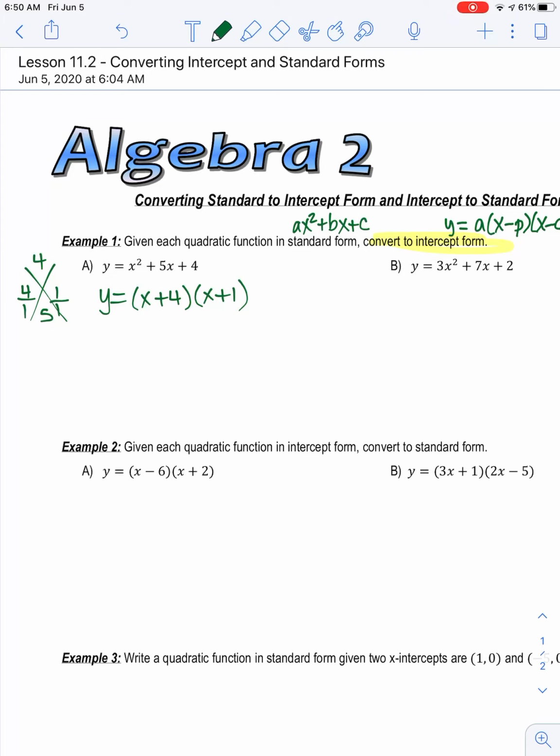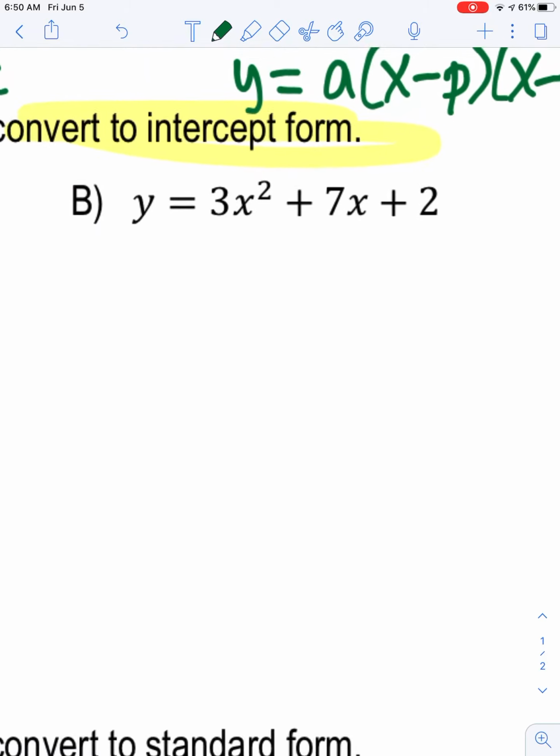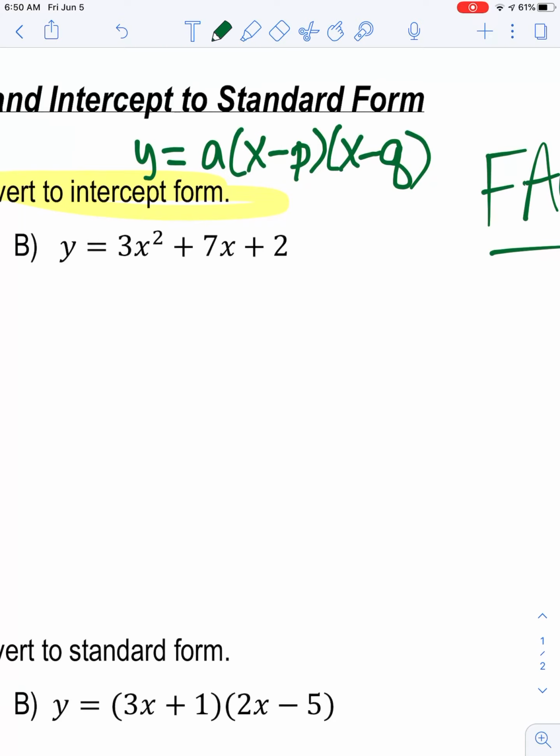Part B, same thing. Notice one main difference here is we do have a lead coefficient of 3. So when I set up my puzzle, because there's no GCF, I have to do 3 times 2 to get 6 on top, 7 on the bottom. I know 6 times 1 is 6, and 6 plus 1 is 7. So those are the two numbers that multiply to 6, add to 7.